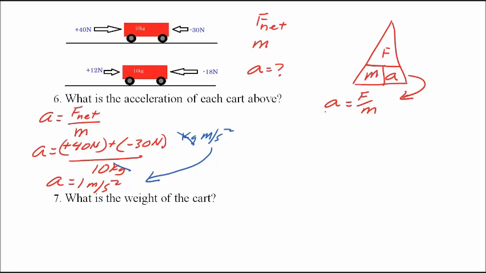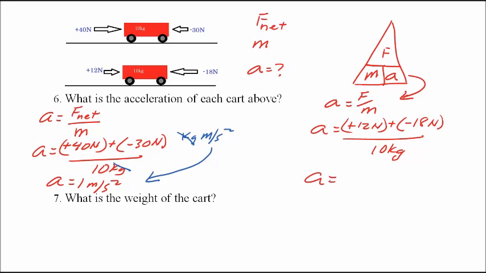And we're going to use this equation, acceleration equals net force divided by mass. So the next step, acceleration becomes positive 12 newtons plus negative 18 newtons divided by the mass, and the mass is still 10 kilograms. Remember, the mass of both of these carts was the same.